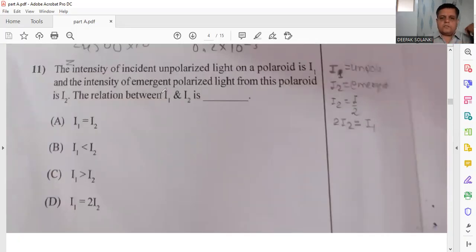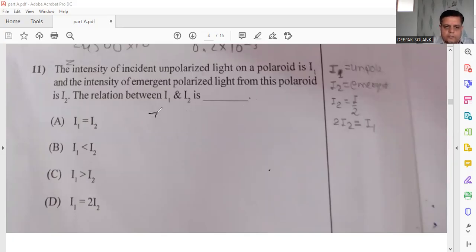Now, the intensity of the incident unpolarized light on a polaroid is I1, and the intensity of emergent light is I2.